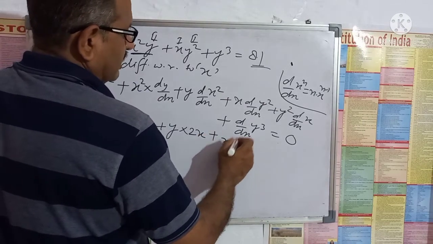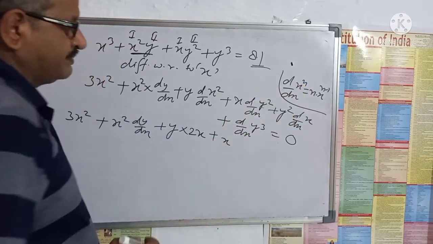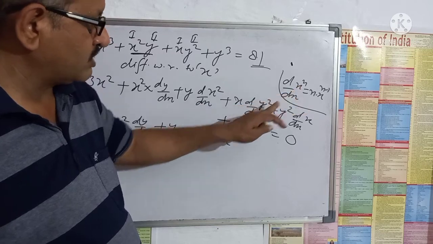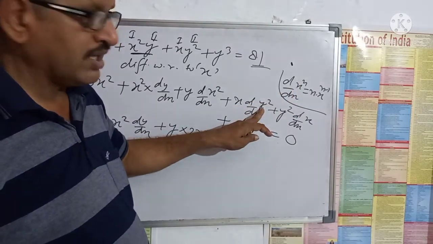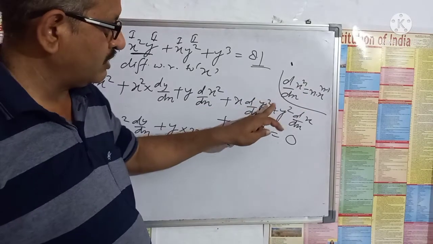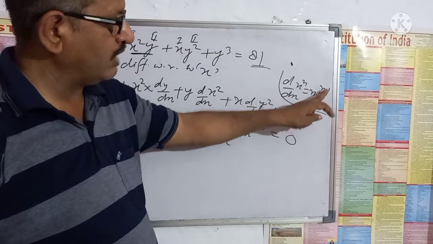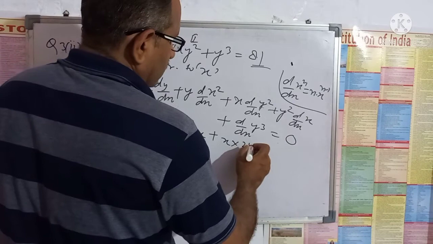Plus x, derivative of y square. Again we can apply this formula x to the power n, but here in place of x, y is there. In place of n, 2, in place of x, y. So we write 2 into y to the power 2 minus 1, so it will be 2y.